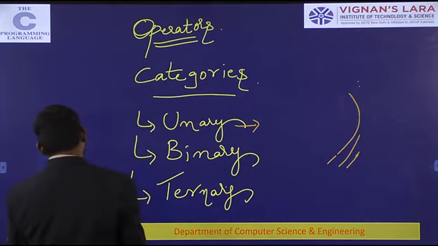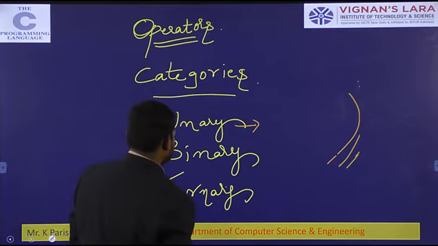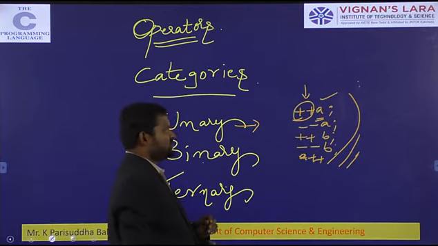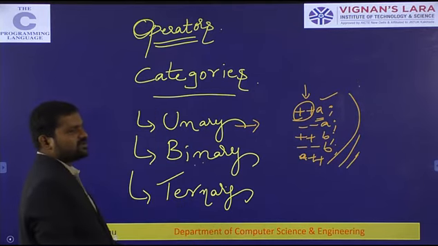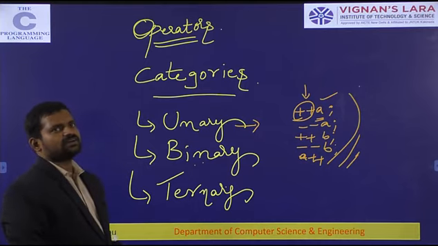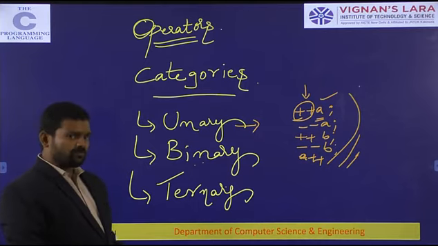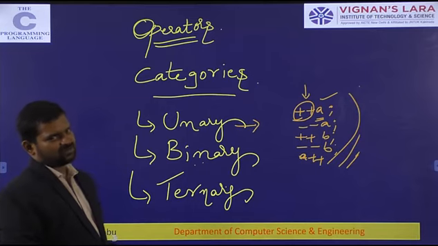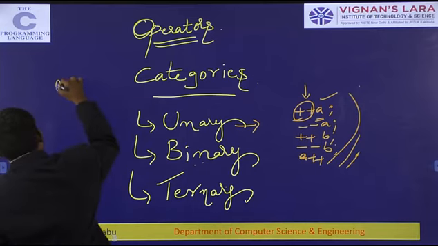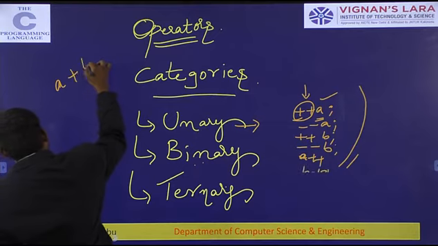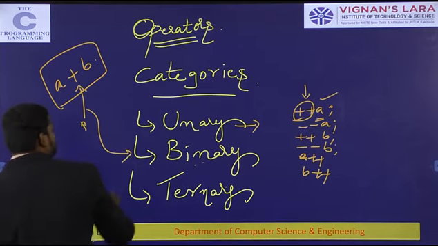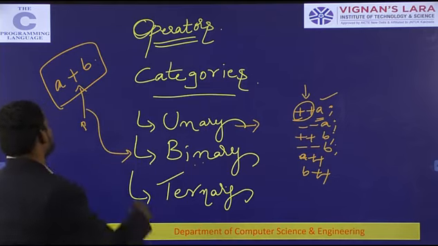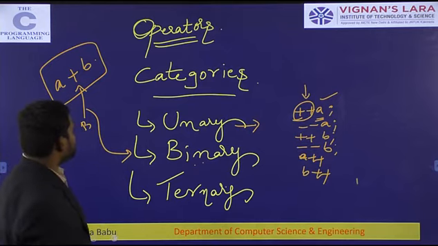Next, coming to the binary operator. What is a binary operator? A binary operator is an operator performing an operation in between two operands. For example, A is an operand, B is an operand. Now plus is which category of operator? Plus is a binary operator.